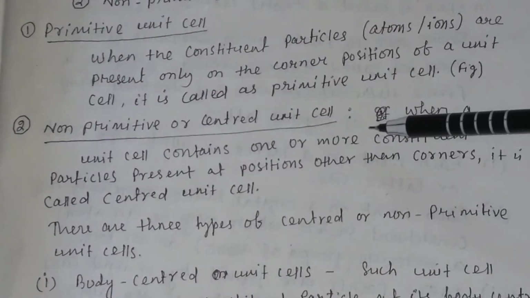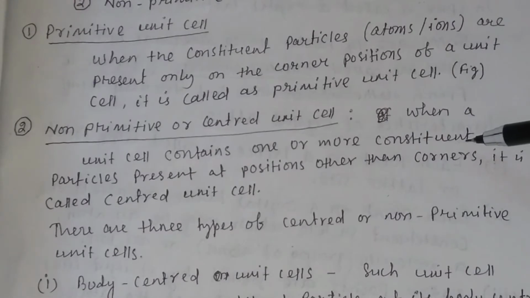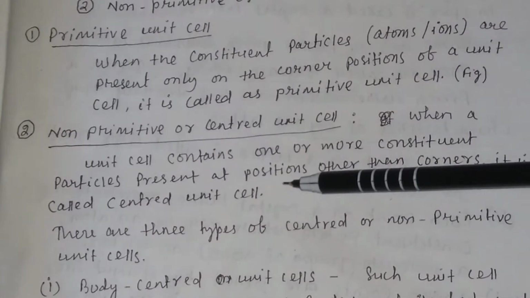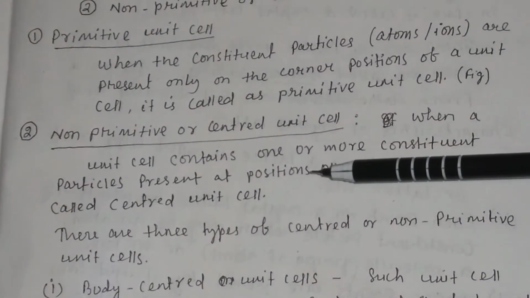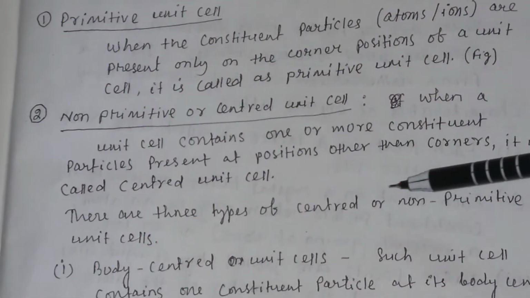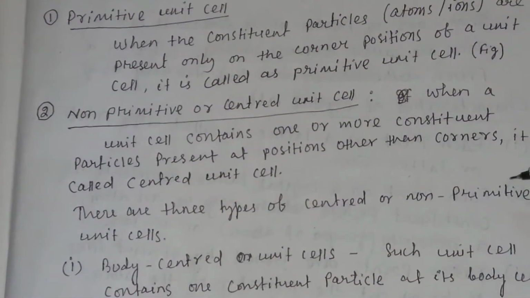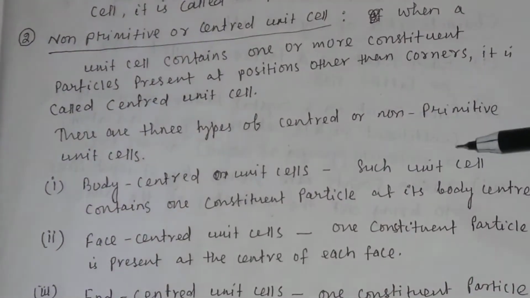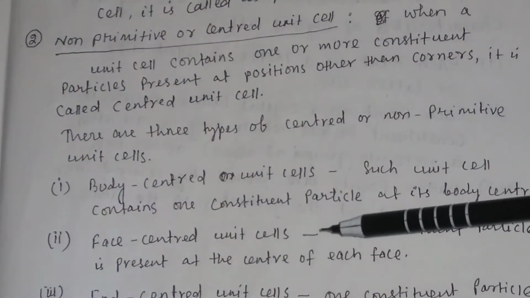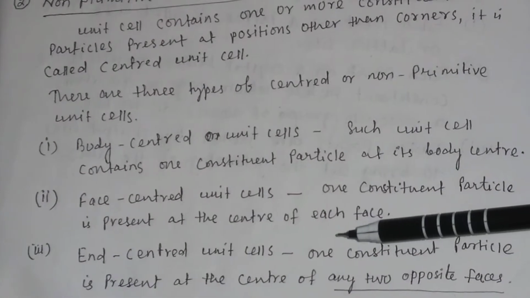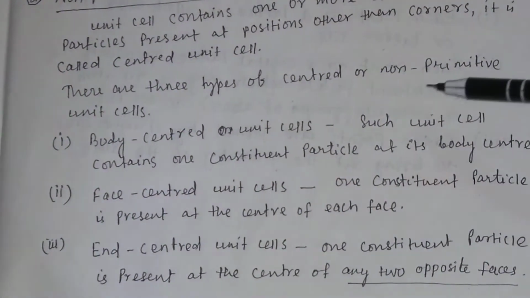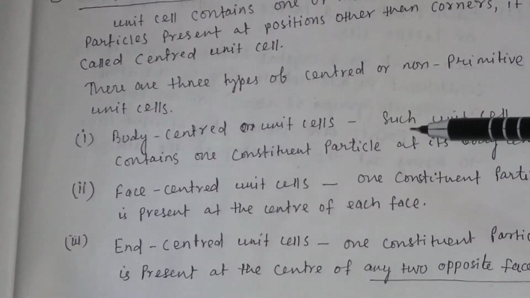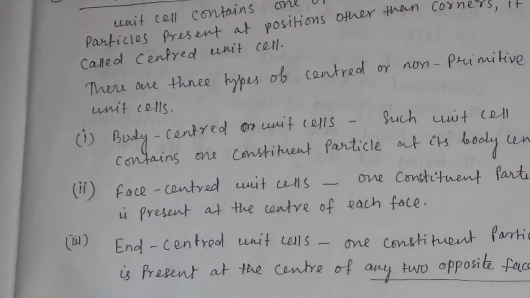When a unit cell contains one or more constituent particles present at positions other than corners, it is called a centered or non-primitive unit cell. There are 3 types of centered or non-primitive unit cells: body centered, face centered, and end centered. A body centered unit cell contains one constituent particle at its body center.